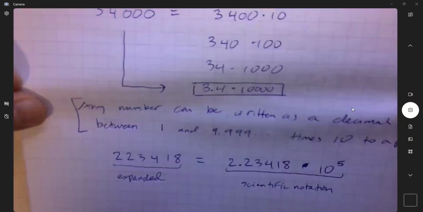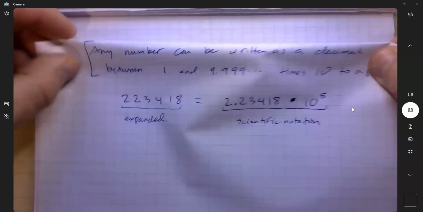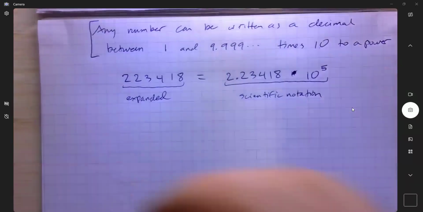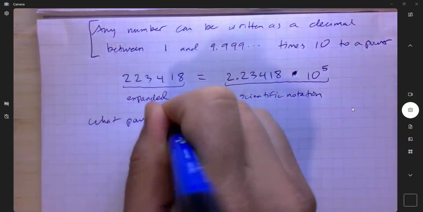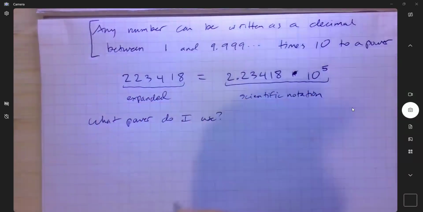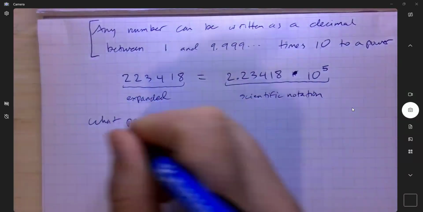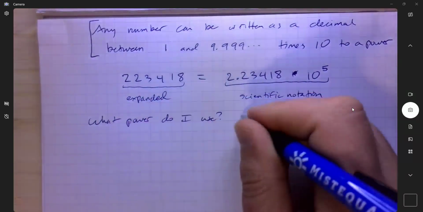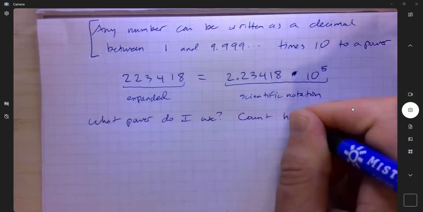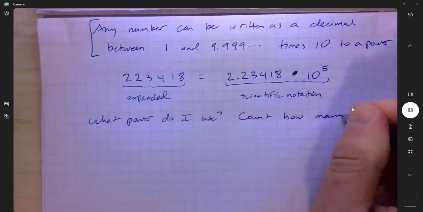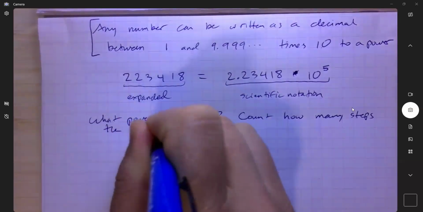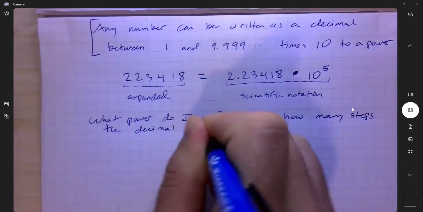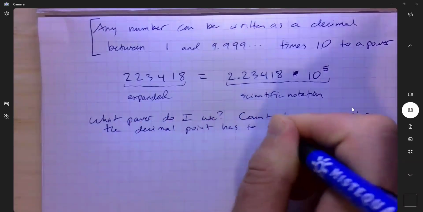So the question becomes, what power do I use? And the way you figure it out is you count how many steps the decimal point has to move.